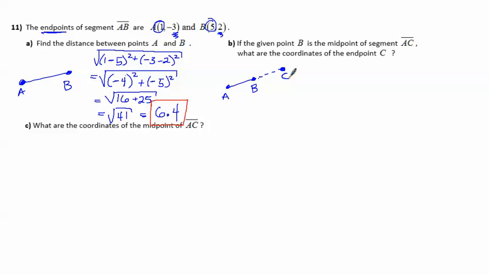That would be point C. The points A and B are given. This is 1 comma negative 3. This is 5 comma 2. But point C is not given, so we represent that as x comma y. They're asking you what are the coordinates of the endpoint C.